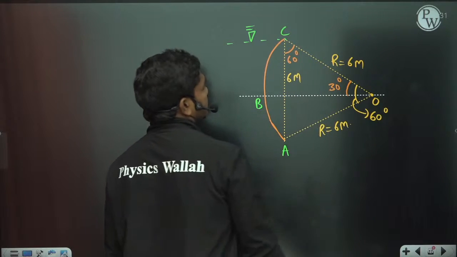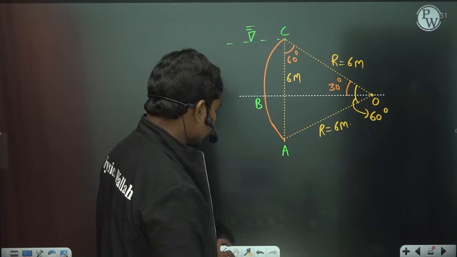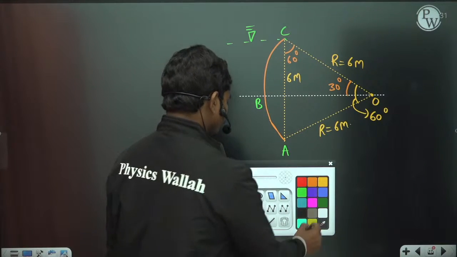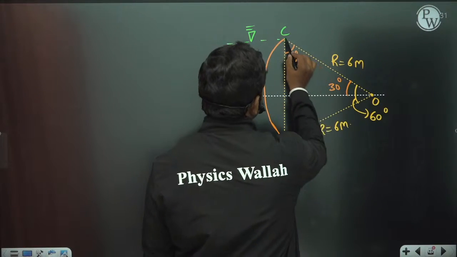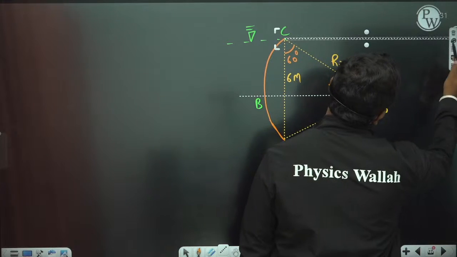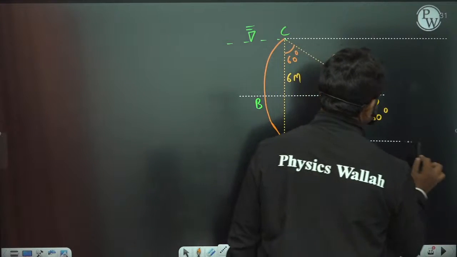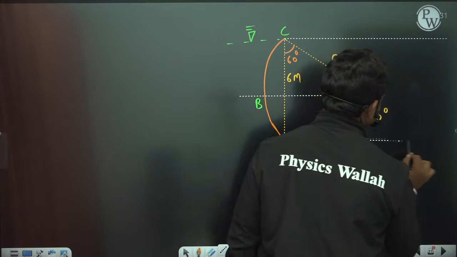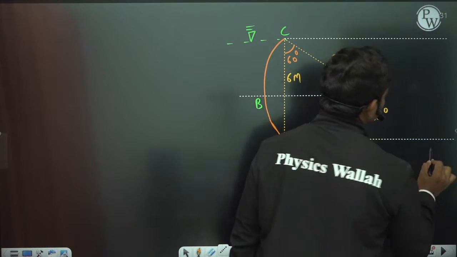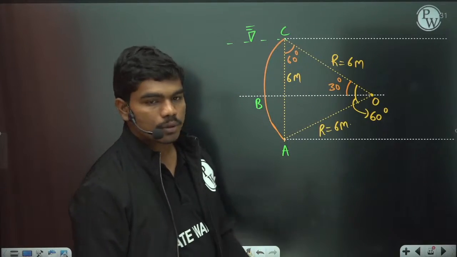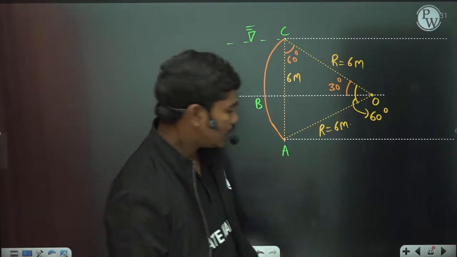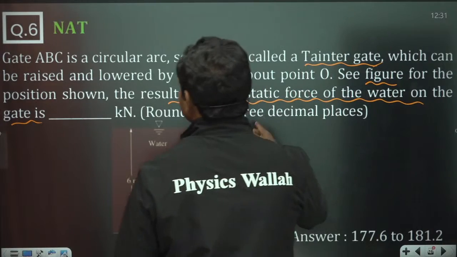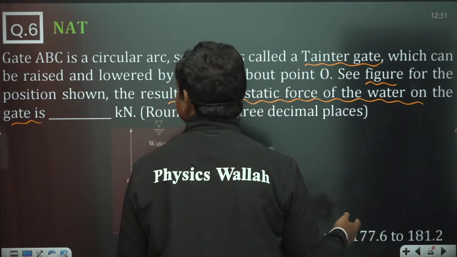So now let us see, what is the horizontal force acting on the gate? So FH is equal to, let us suppose if you project this, what is the side view of the gate that you see? Let us suppose there is some width of the gate. The width of the gate is not mentioned, so let us take unit width.